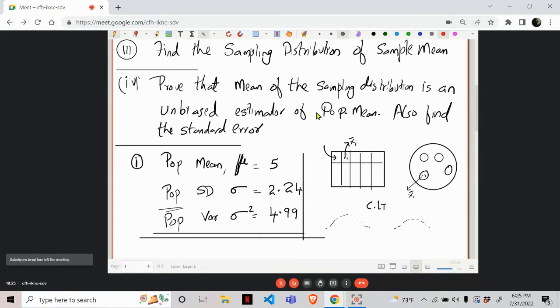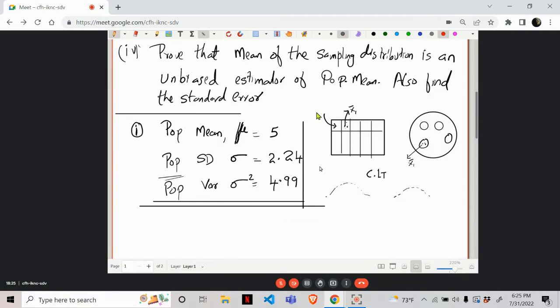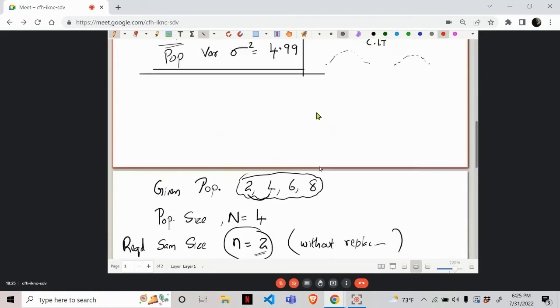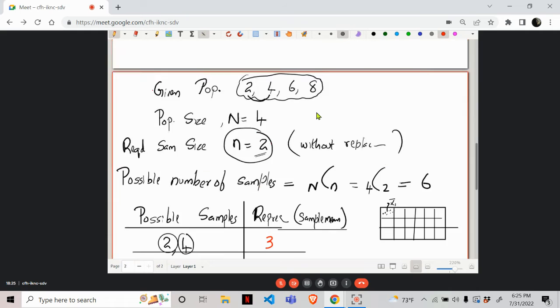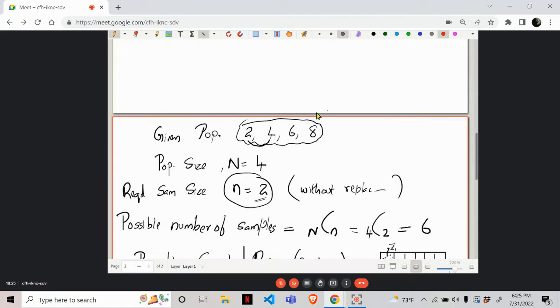Okay, now we are going to write the sampling distribution. So what if there was replacement? With replacement means there will be a huge number, 4 to the power 2, that is 16 possibilities. If it is without replacement, NCn.